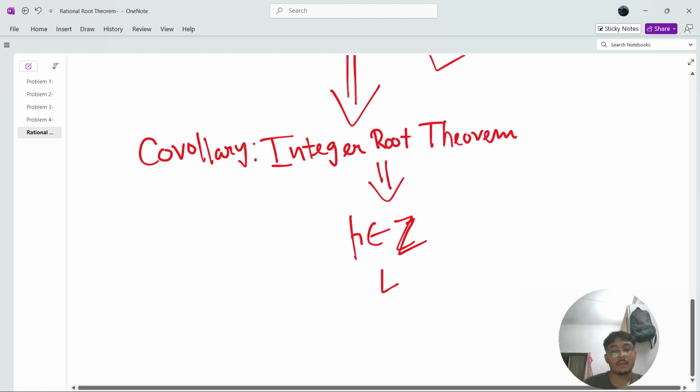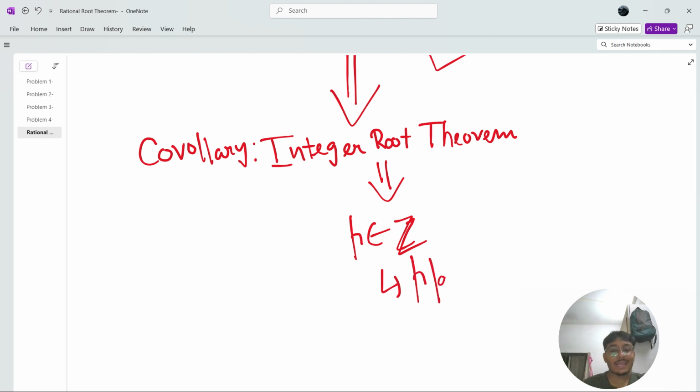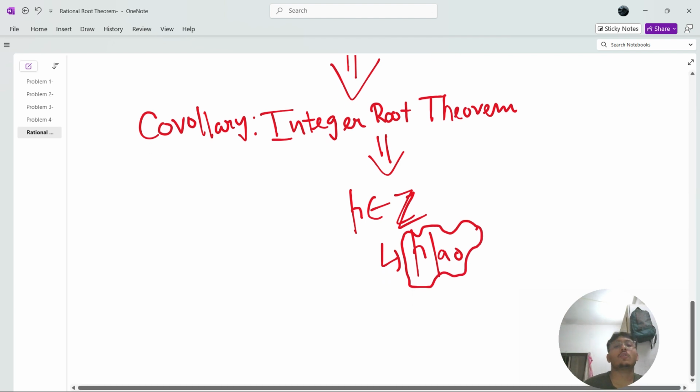That is, p will be dividing a_0. This is true for any p belonging to Z. This is my corollary, that is my integer root theorem.